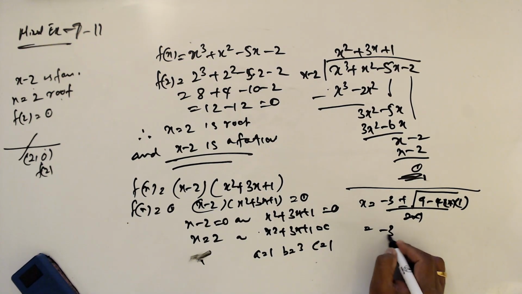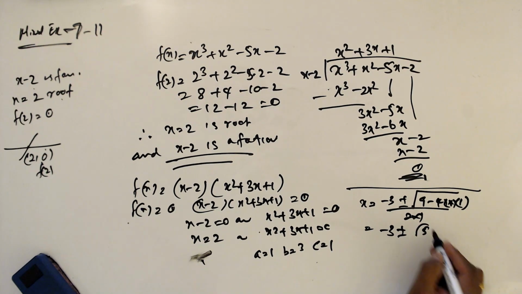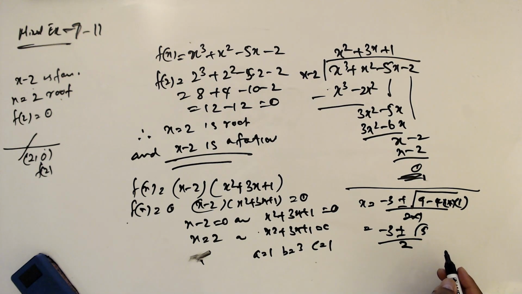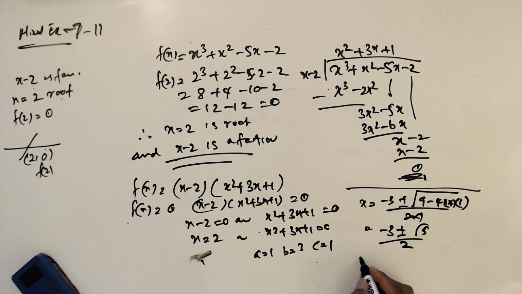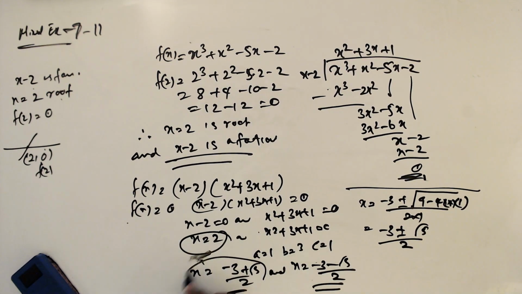So minus 3 plus or minus the square root of 5 over 2. So two answers: x equals minus 3 plus square root 5 over 2, and x equals minus 3 minus square root 5 over 2. So those are one root, the second root, and the third root.